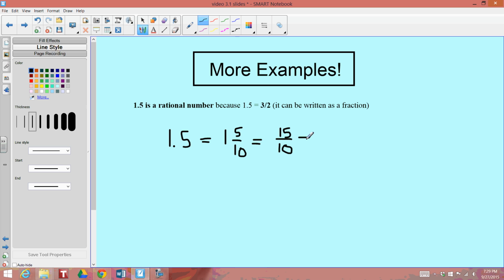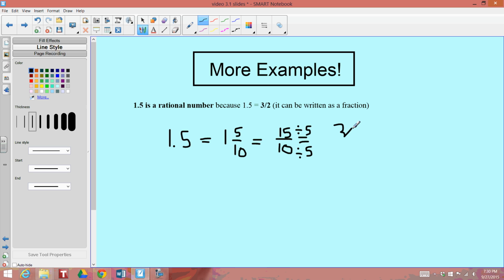But we always like to simplify our fractions. So 15 tenths, I can think about a common factor. And a common factor that jumps out at me is 5. Now, if I use any common factor, I'll have to keep simplifying to lowest terms. But if I use the greatest common factor, it will simplify to the lowest terms in one step.